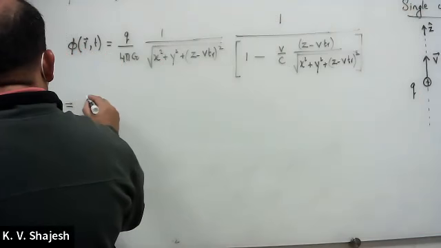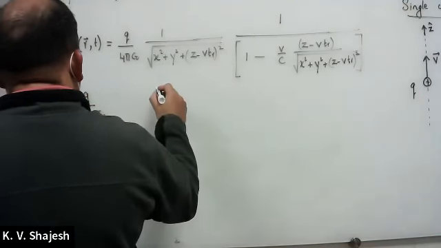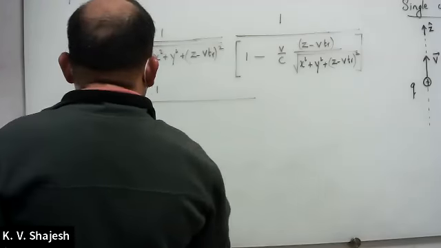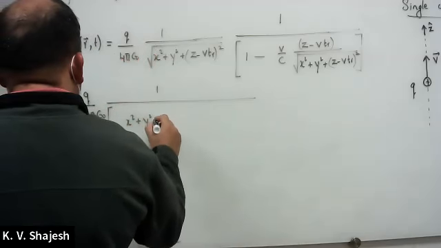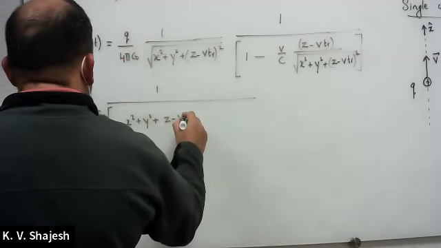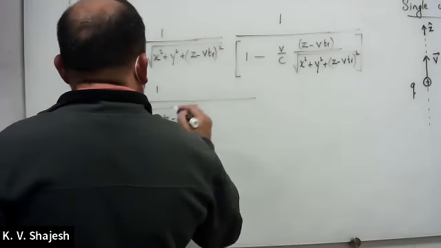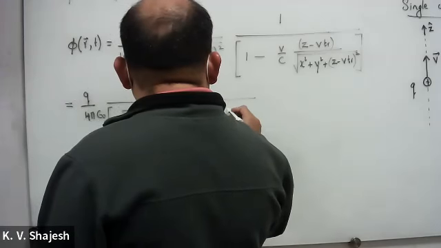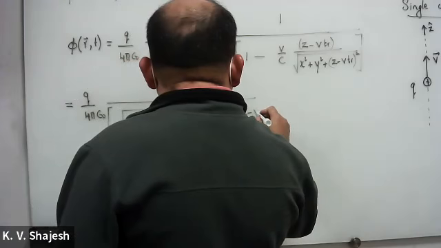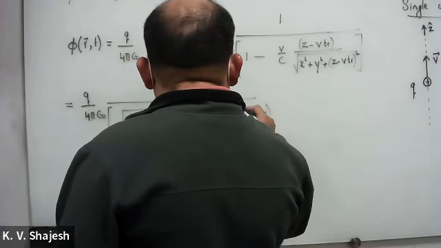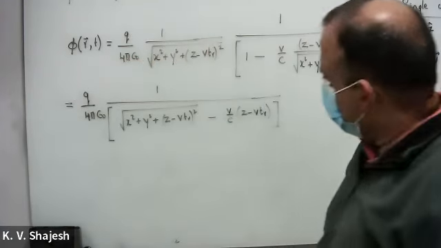So that's equal to Q over 4 pi epsilon naught. So it's 1 over the square root of x square plus y square plus (z minus vtR) square, minus v over c times (z minus vtR). Okay.